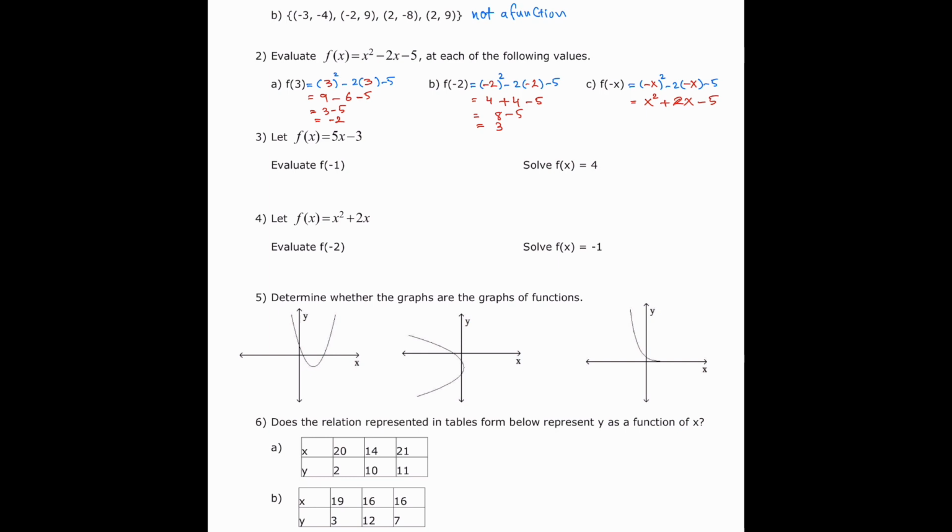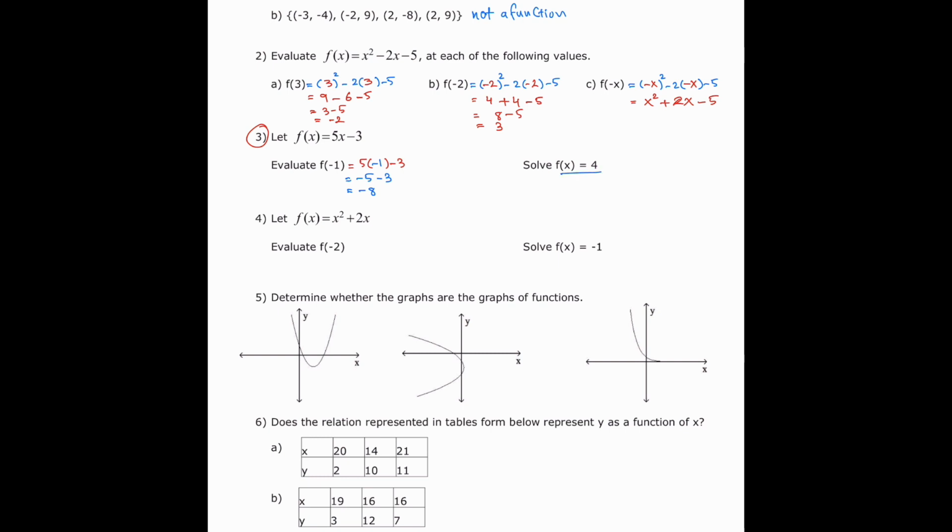If f of x is equal to 5x minus 3, number 3, we need to evaluate f of -1. f of -1 is, I will remove the x and put a placeholder and replace the -1 in there. 5 times -1 is -5 minus 3. -5 minus 3 is -8. And we want to solve f of x is equal to 4.